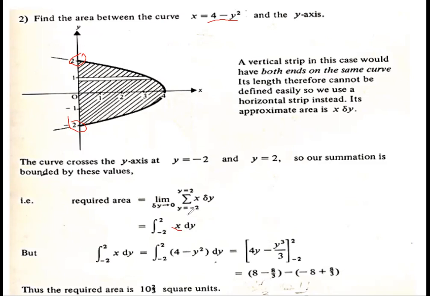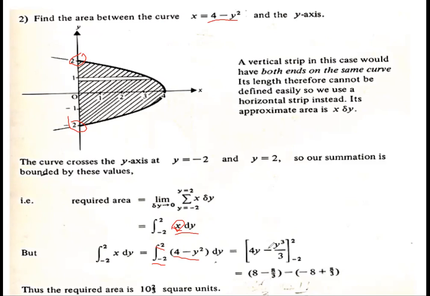So in the formula, in the place of x, you put the whole expression 4 minus y squared. That's what they did here. We got the end of the interval, the extreme points, -2 to 2.